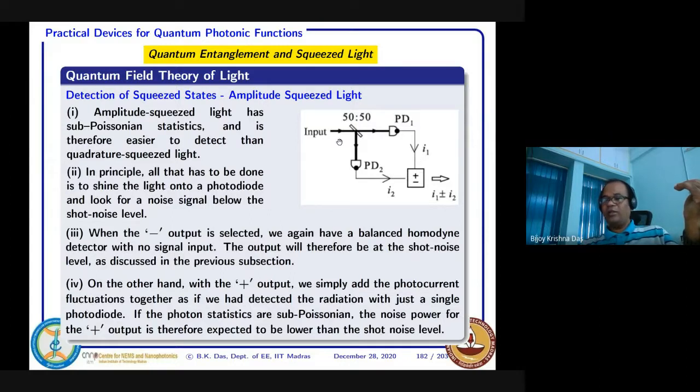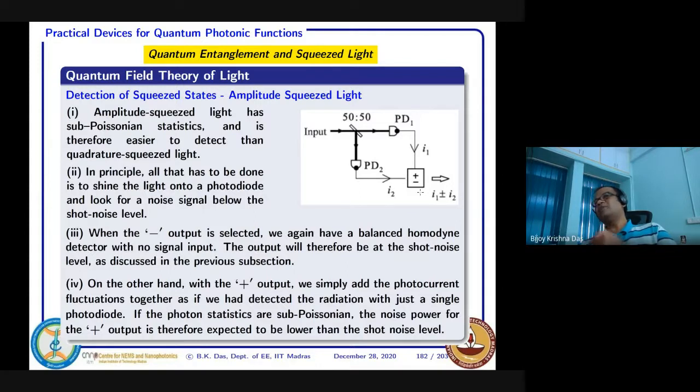But whenever you are combining them together, it is as if you are measuring your light with a normal photodetector. Because they are together, it is I1 plus I2, and if it is squeezed light and you add them together, it is as if you are measuring the entire laser.